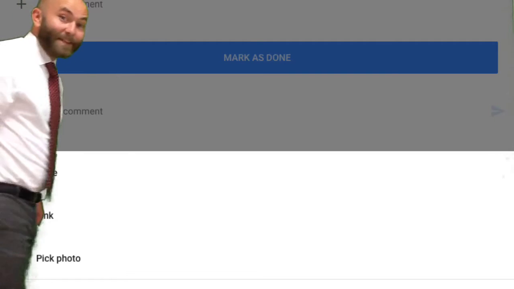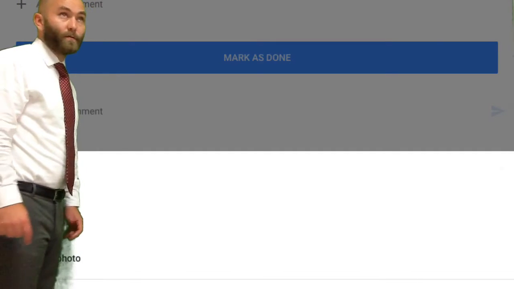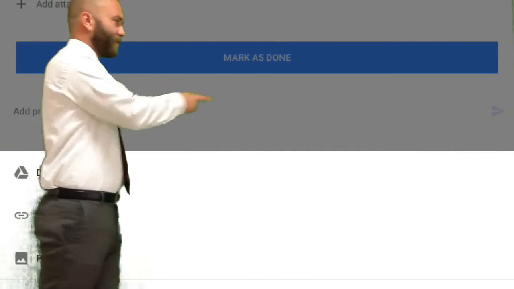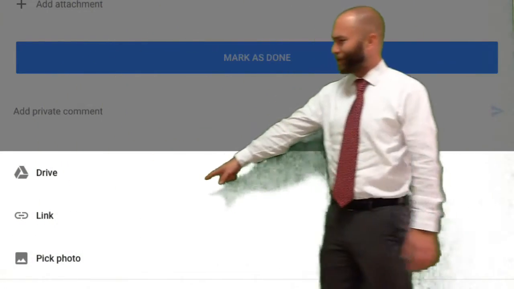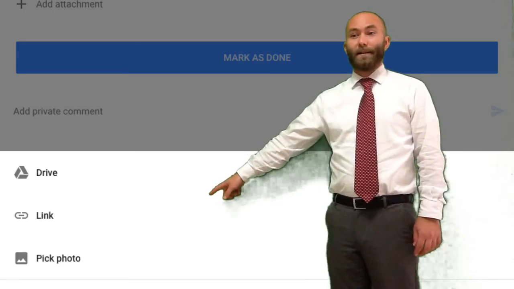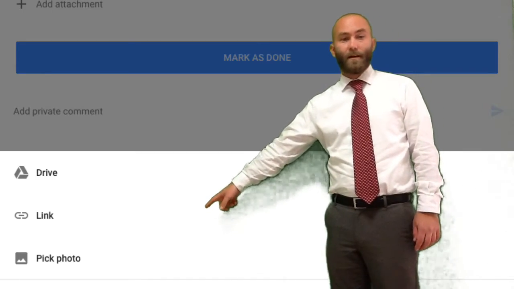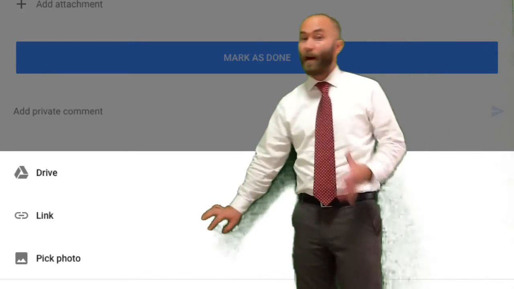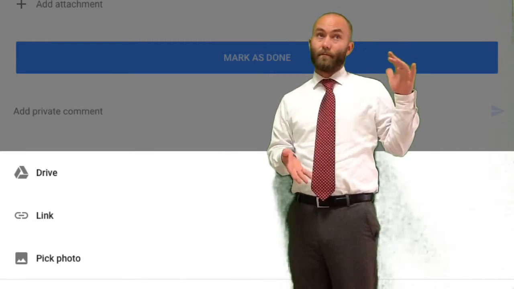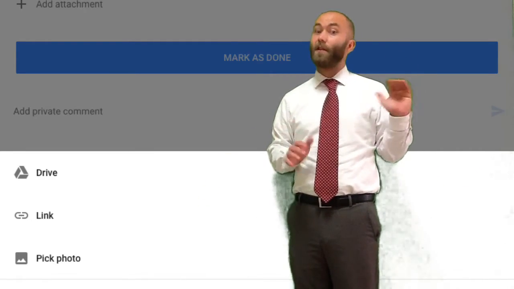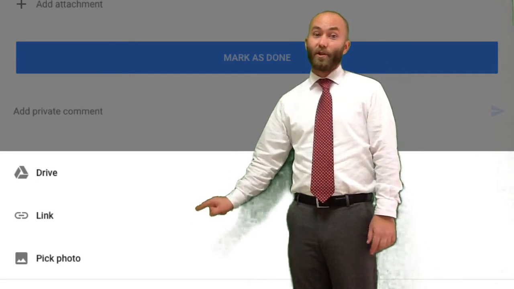Then click on Insert Photo, allow it to access your photos, and insert the photo of your outline that you screenshotted, so that I know that you did finish this in class.